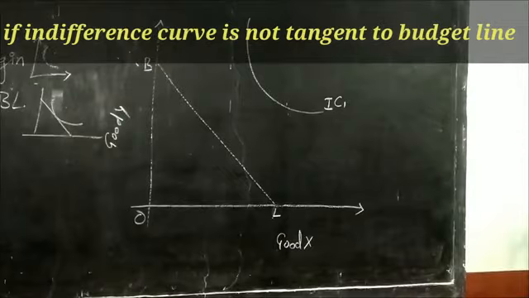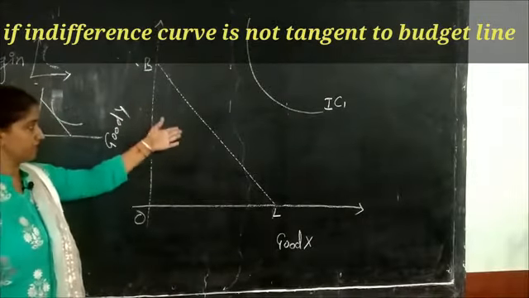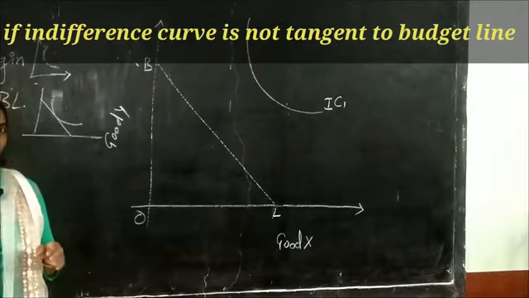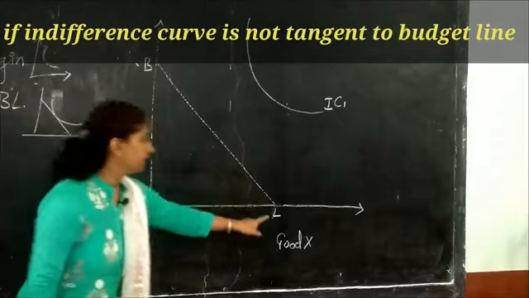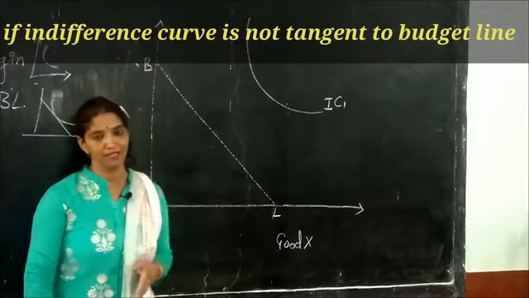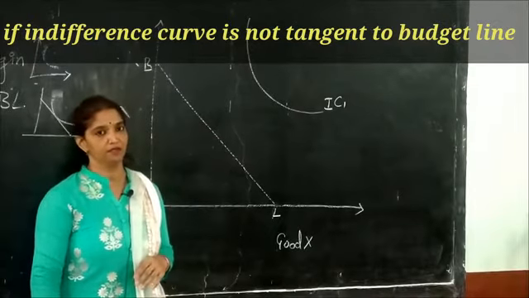Explanation of equilibrium conditions with the help of graphical presentation of budget line and indifference curve. First, we will assume that BL is our budget line and IC, as usual, is our indifference curve.